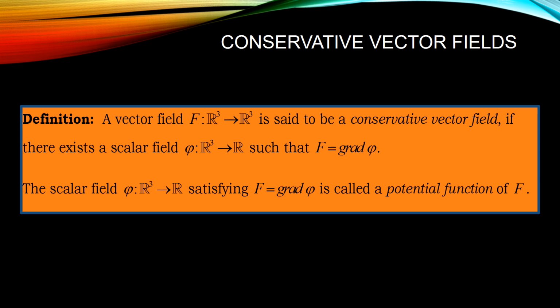That means a vector field F is given to us. We need to find out a scalar field phi from R3 to R such that its gradient is equal to the given vector field F. Then the given vector field is called a conservative vector field and the scalar field which we find is called a potential function.